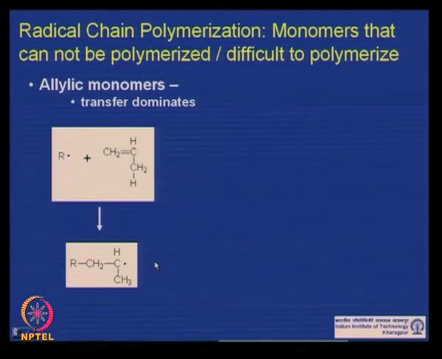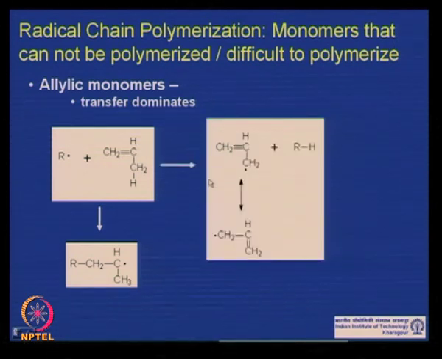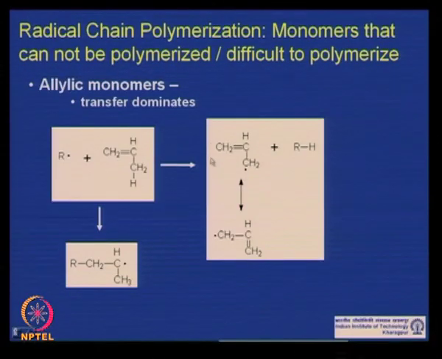But if you compare the other alternative shown here, if this R dot abstracts a hydrogen from a neutral species RH, then you have this radical species generated, which is much stabler than the previous case, because here it is stabilized by resonance.